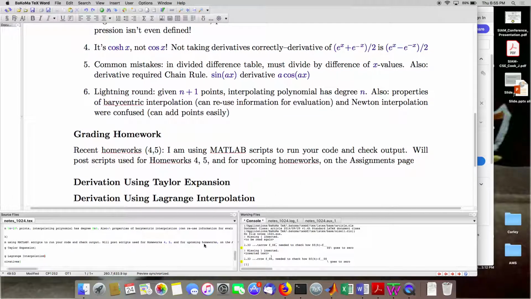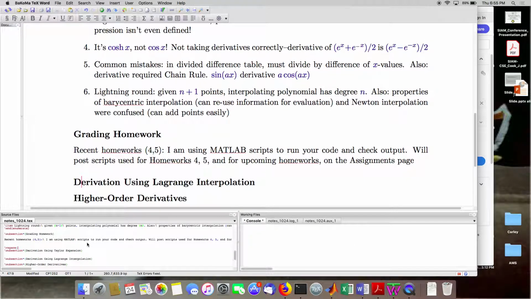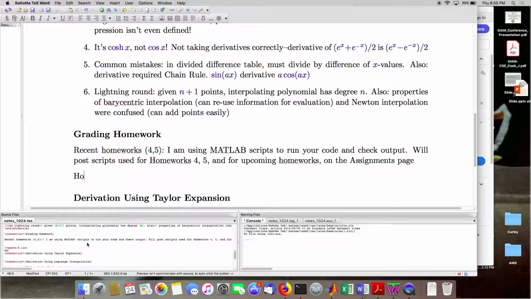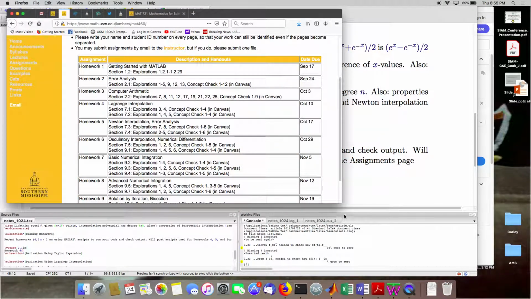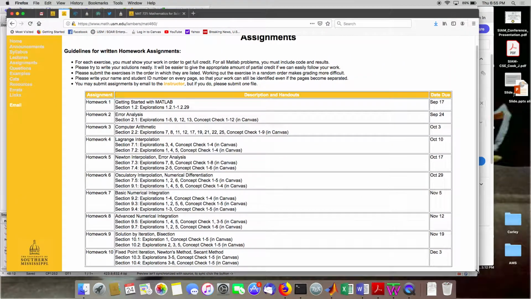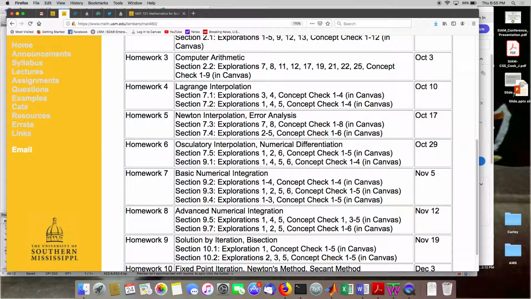Also, for the next assignment, homework 6, that's on the last chapter, oscillatory or Hermite interpolation, that I covered before the midterm, and then the section I'm going to cover today on differentiation.